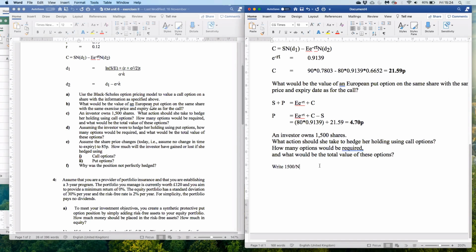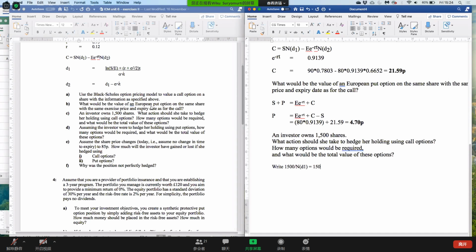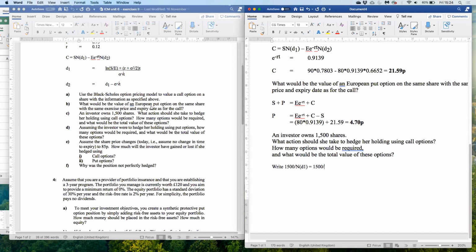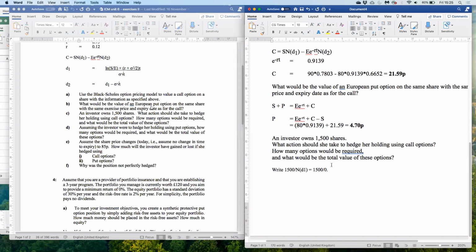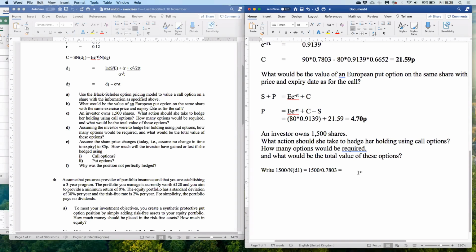Therefore, the value of ND1 is 0.7803. So we calculate this one, 1,500 divided by 0.7803. So we got 1,922 calls.